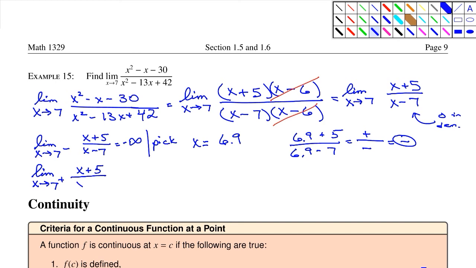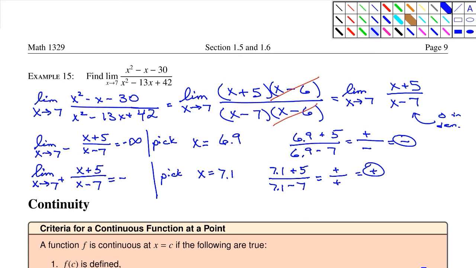And now let's check the right limit. So I'm going to pick x is equal to 7.1. So 7.1 plus 5 over 7.1 minus 7 is positive over a positive, which is positive. So this is equal to positive infinity.